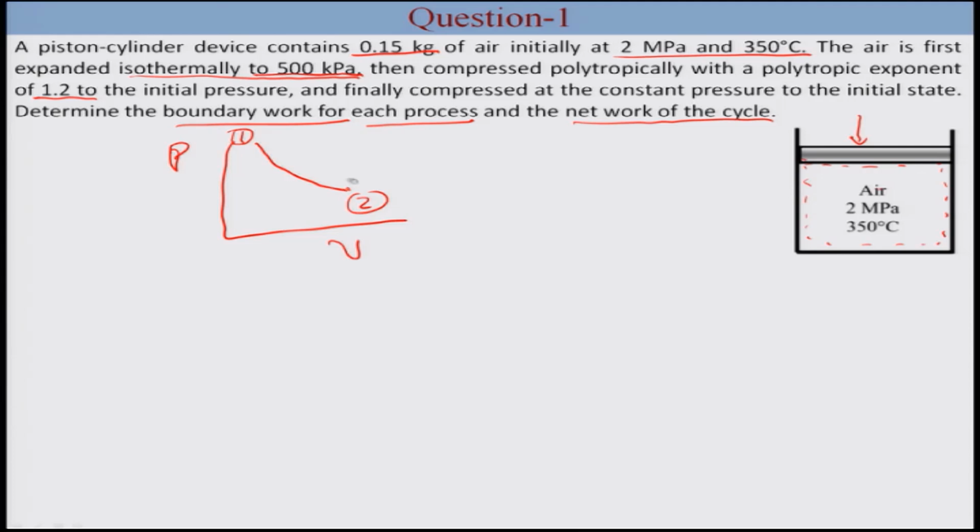Then from 2 to 3, it is compressed polytropically to the initial pressure, and then finally it is compressed at constant pressure to the initial state. So we have to determine boundary work for each process. First we do the calculation for isothermal expansion.